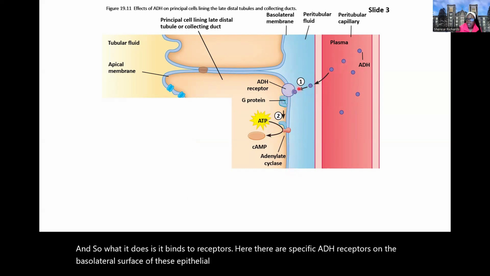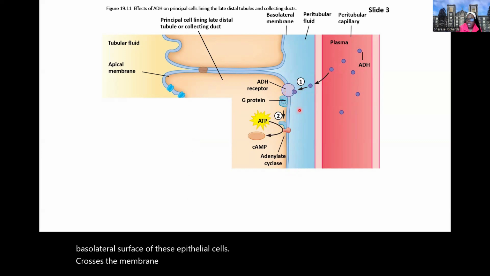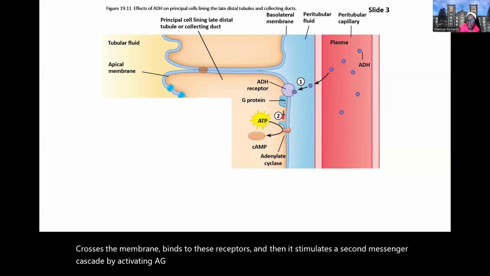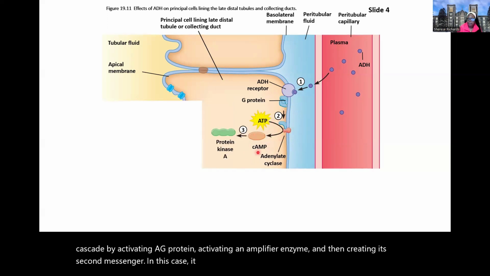It crosses the membrane, binds to these receptors, and then it stimulates a second messenger cascade by activating a G protein, activating an amplifier enzyme, and then creating its second messenger. In this case, it is cyclic AMP.